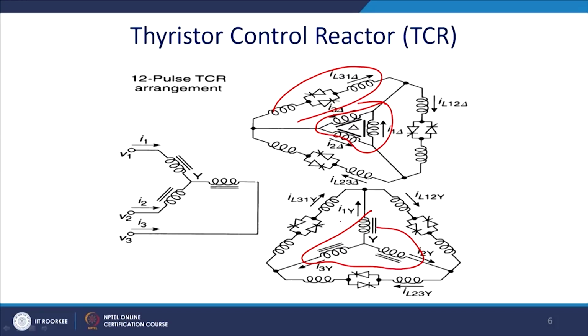You have studied the vector groups and they will have a Dy11 or Dy1, some kind of vector group will be operating, and accordingly this and this will cancel out the third harmonic and multiples of the third harmonic, and essentially you are left with the other harmonics. So, this is the configuration of the 12 pulse TCR.